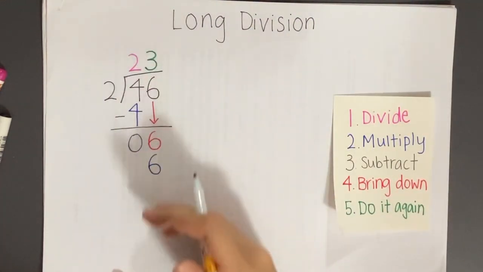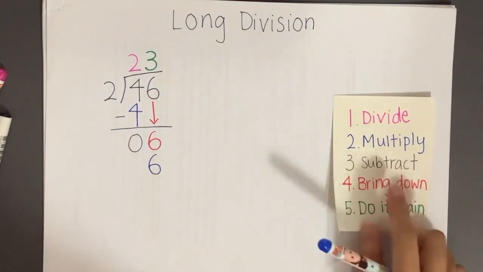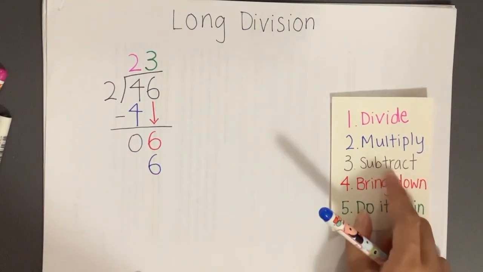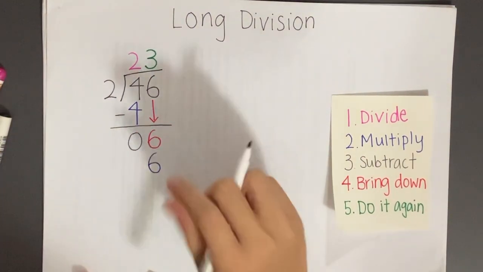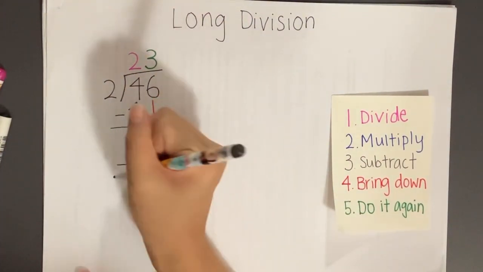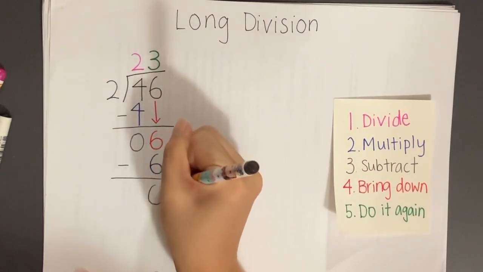Remember, we are going downwards again. After I get 6, now my third step, I need to subtract. So I take 6, I subtract 6, and I will end up with 0.